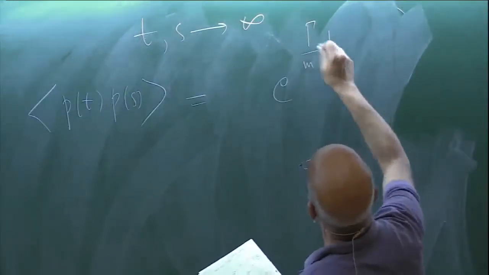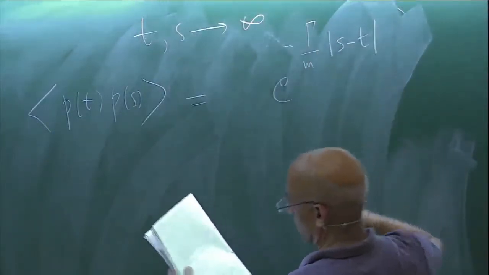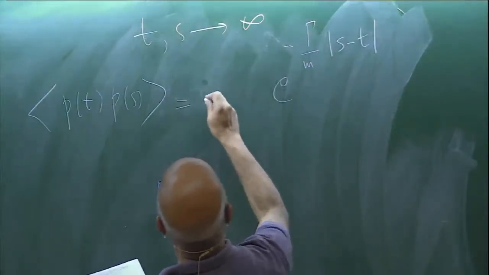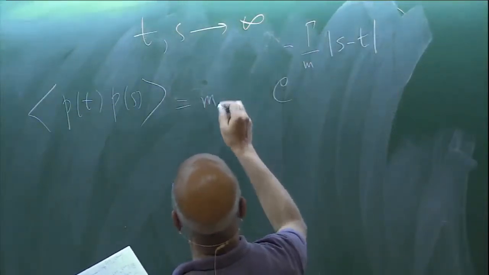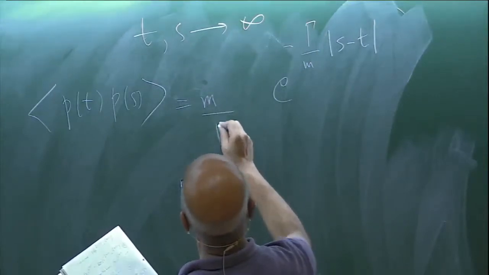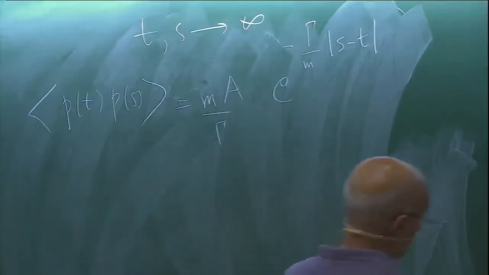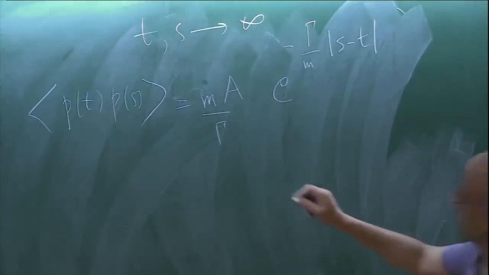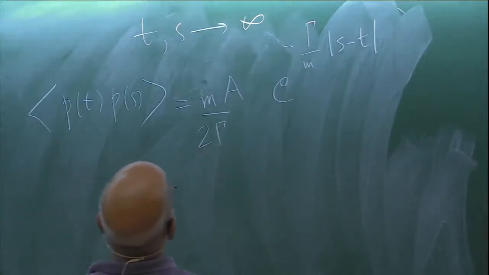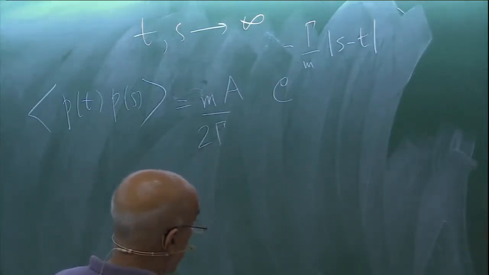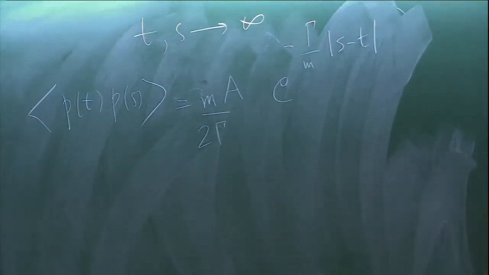You'll get e to the minus gamma over m mod s minus t, and you have a coefficient which is m times m over gamma times a. I'm just worrying about factors of 2. What I know is there should be a 2 downstairs still, right? There still is a 2 there, and it's still there. Good. That's why you put 2D. No, but I didn't want to call it a diffusivity because it was for momentum. Okay? All right.